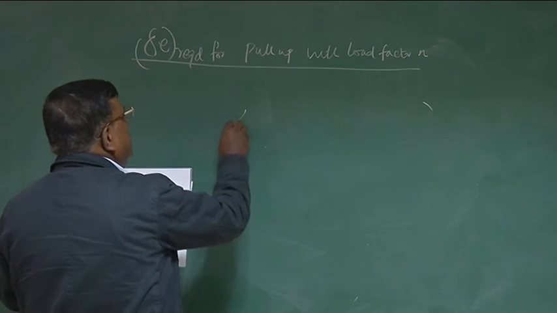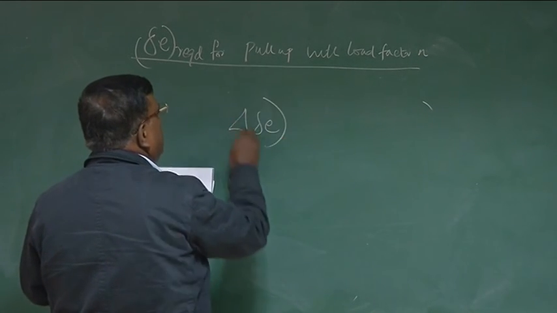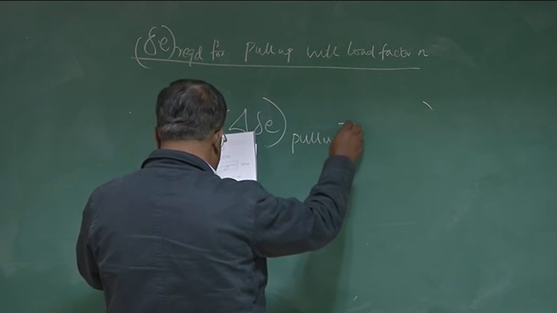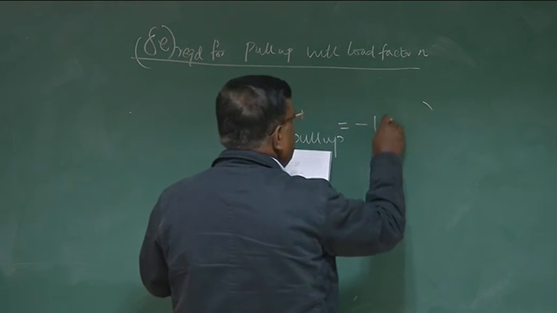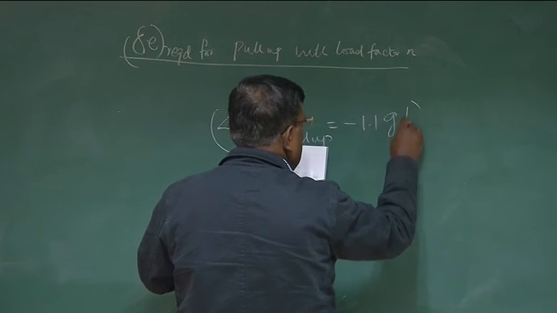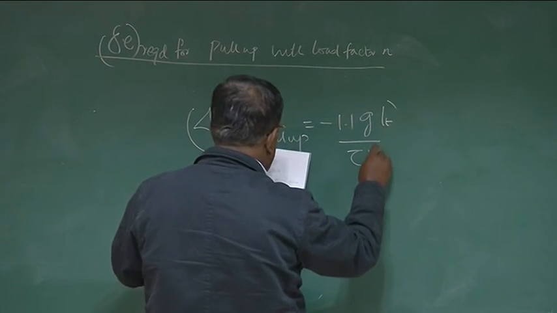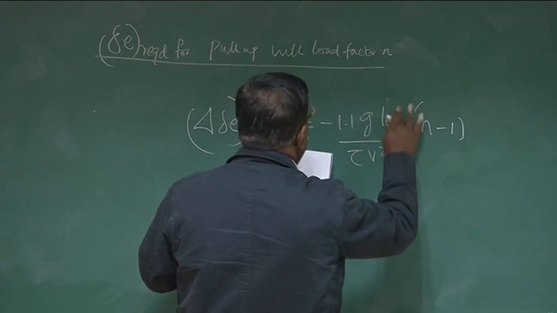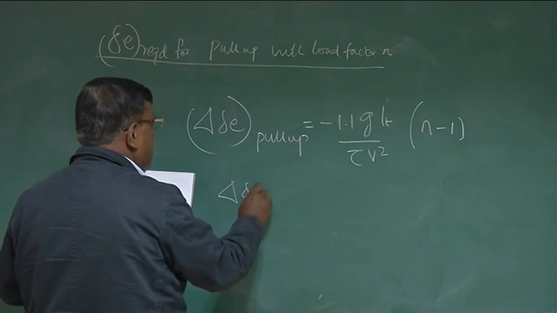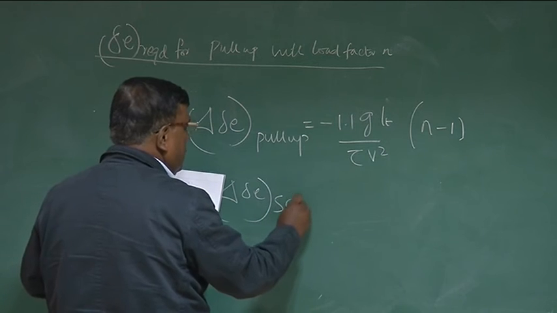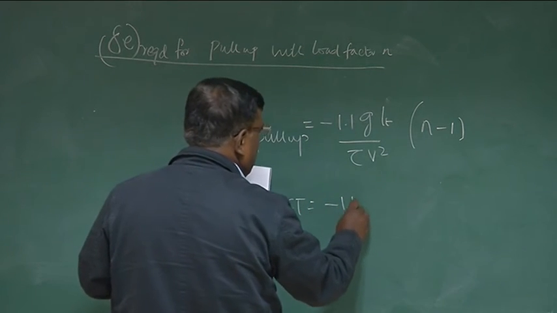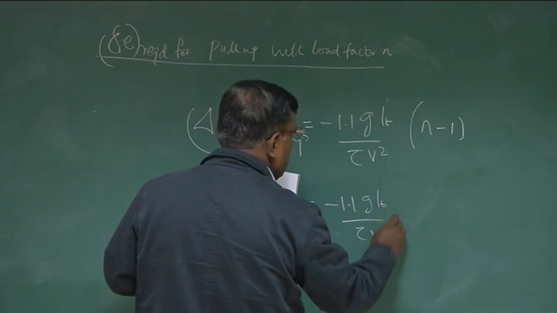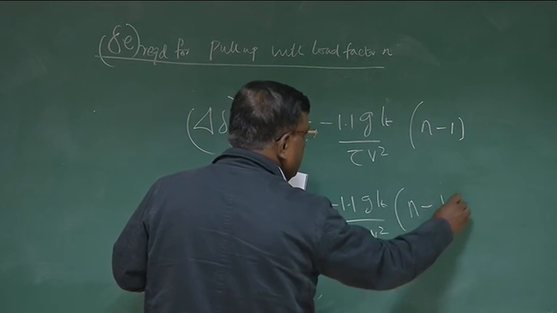So what we have derived is delta delta E for pull-up is given by minus 1.1 g Lt by tau v square into n minus 1, and delta delta E for a steady coordinated turn is minus 1.1 g Lt by tau v square into n minus 1 by n.